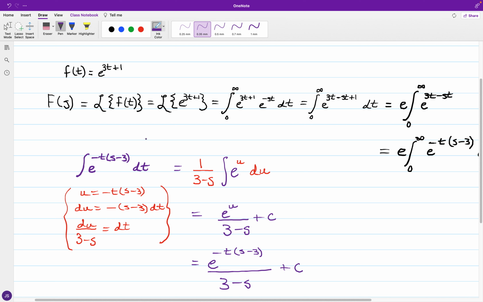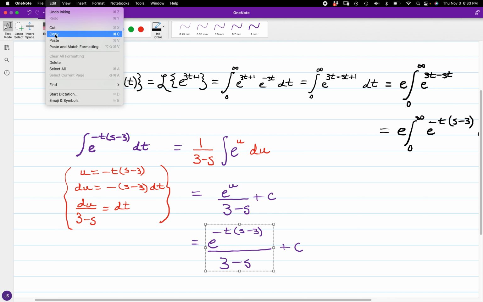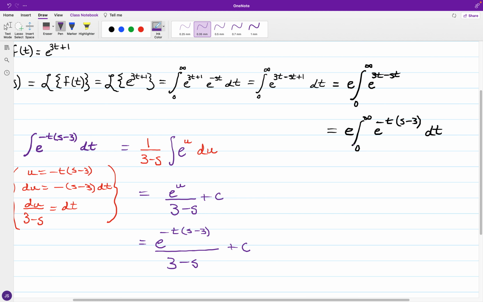And reverting back to the original integral, if I put what I have in terms of limits, we have the limit as b goes to infinity of e times the integral from 0 to b of e to the negative t times the quantity of s minus 3 dt.